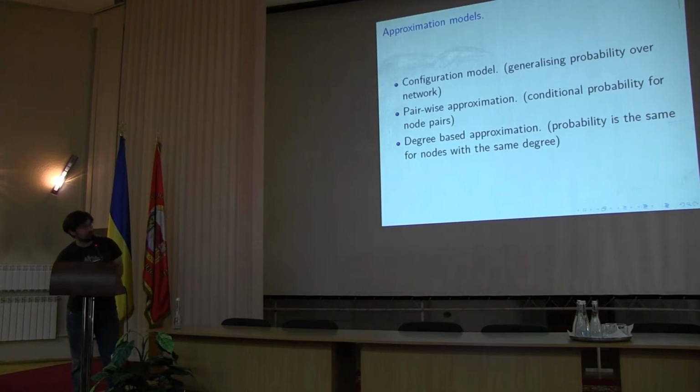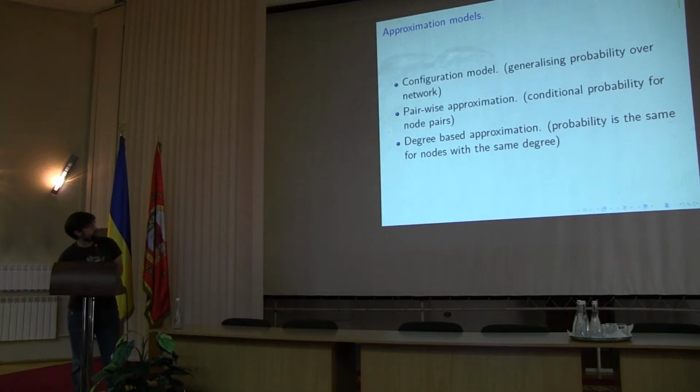Second is pairwise approximation, where we use conditional probability along the links of our network model, and usually we have a two degree approximation, and then we drop the other members of this sequence. It gives nice results which compare well with practice.